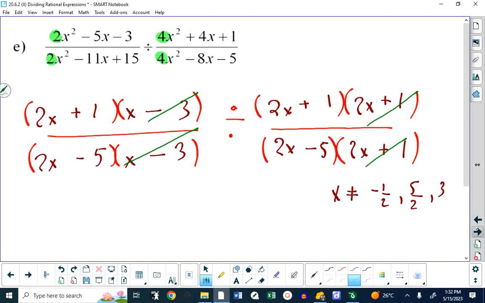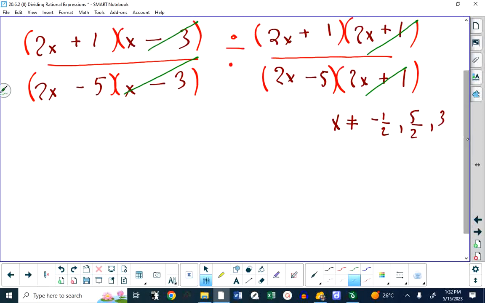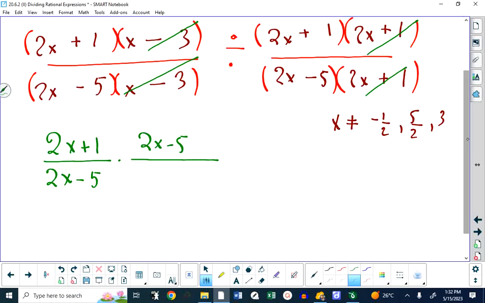I couldn't do that if they were in opposite or different rational expressions, because I'm still not multiplying. Now I can flip it over. Oh, wow. This is one of these ones where everything goes away. Did I miss something there?